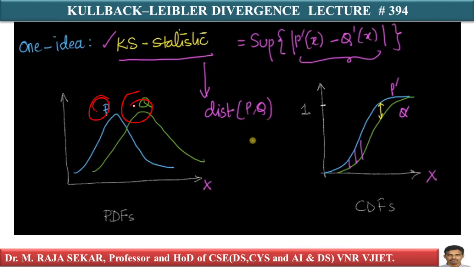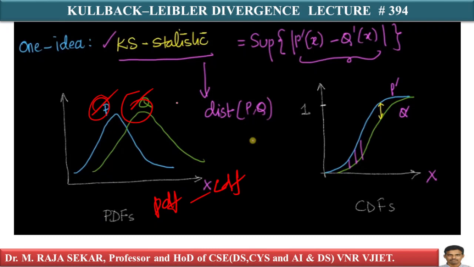Given PDFs P and Q, I can always compute the CDFs. If I have a PDF, I can calculate the CDF, isn't it? So given PDFs, I can always compute CDFs.